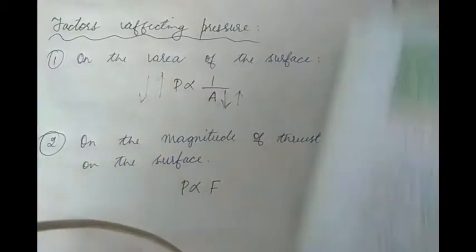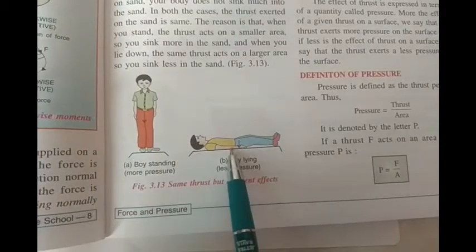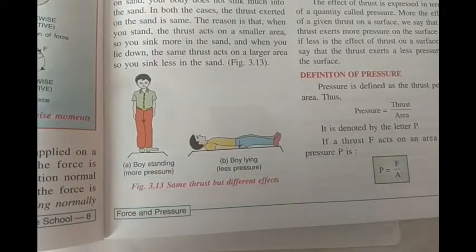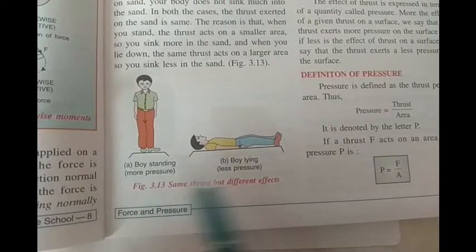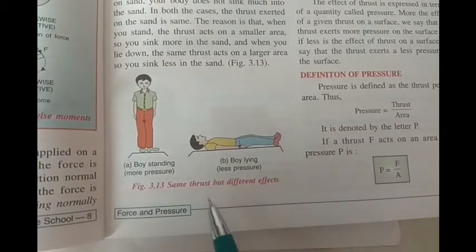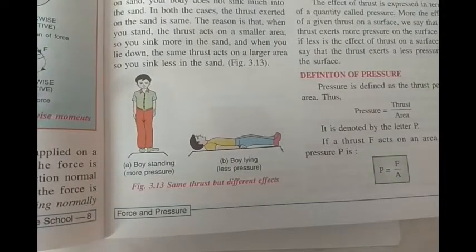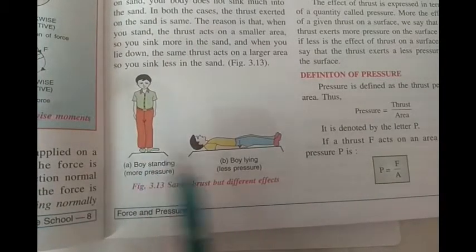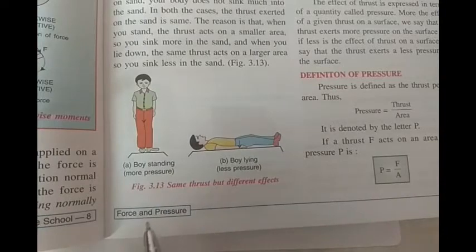To give you an example, we have the same boy wearing different colored clothes. In case number 1, he's standing, and in the other case he is lying down. The weight of the boy in both cases is the same. Weight is a force, don't forget. So the weight of the boy in both scenarios is not changing.